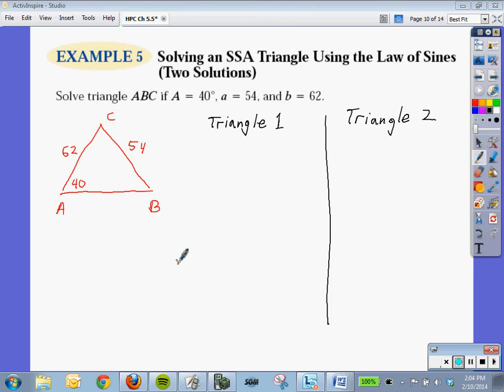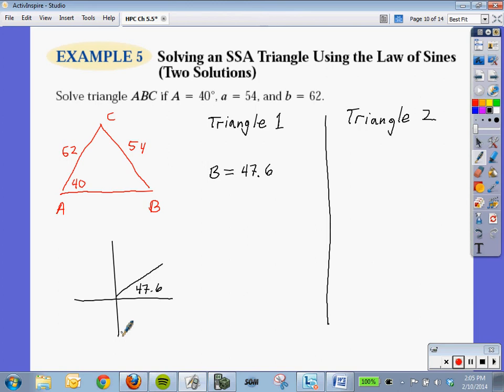Okay, so for triangle 1, we just found out that B is equal to 47.6. That's one possibility. So the sine of 47.6 here will give us that ratio of, what was it, 0.74, around there.